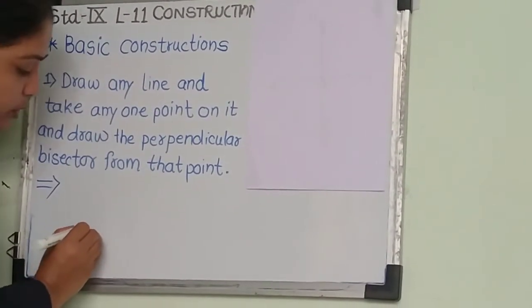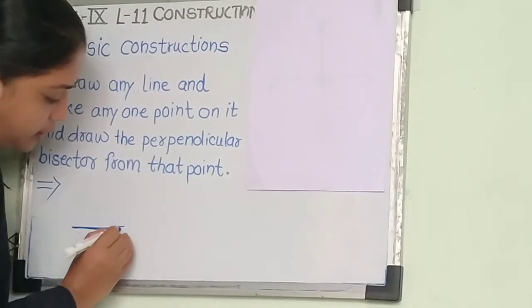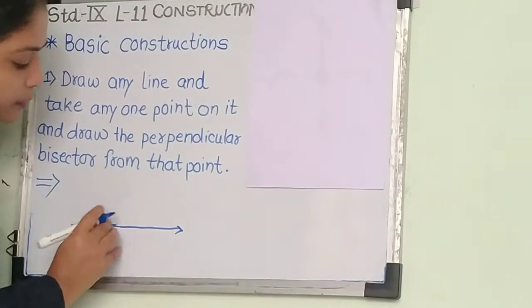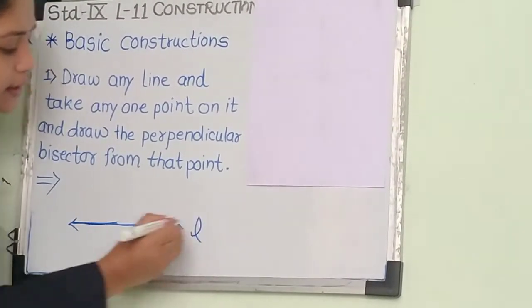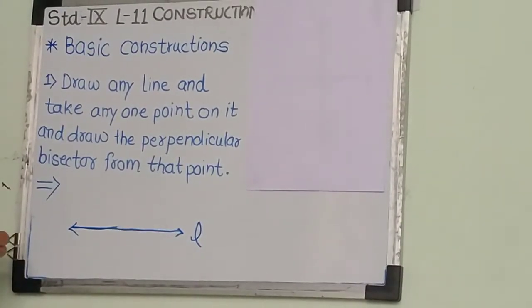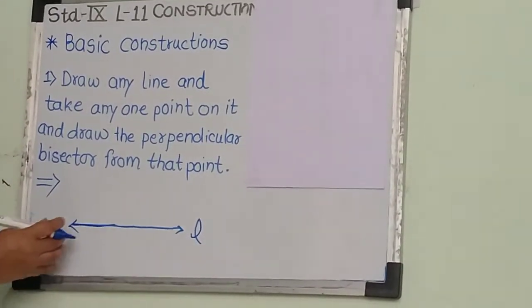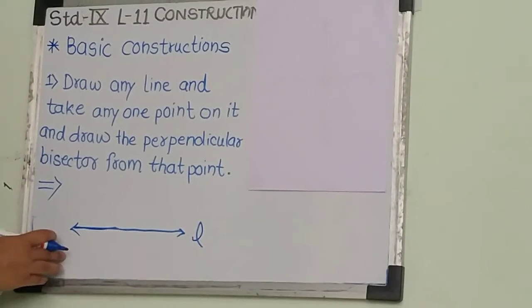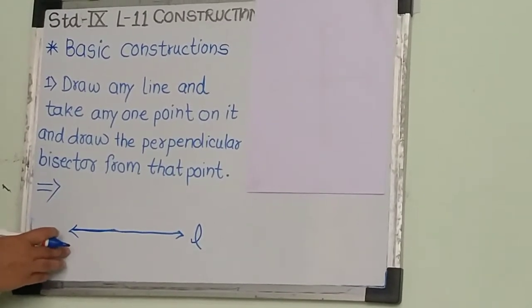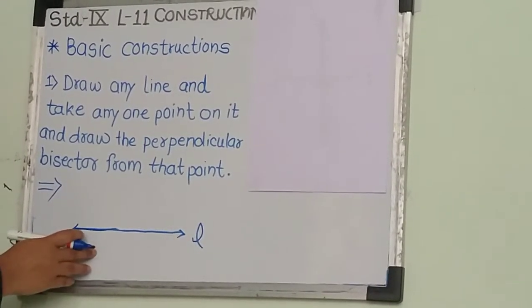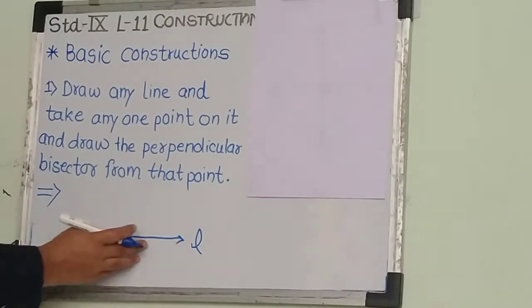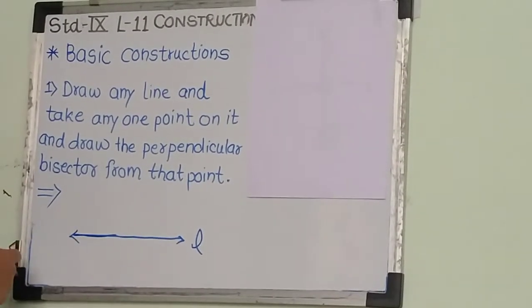It means we have to draw any one line. Suppose it is line L. We know that a line has no length. We can extend it in both directions.